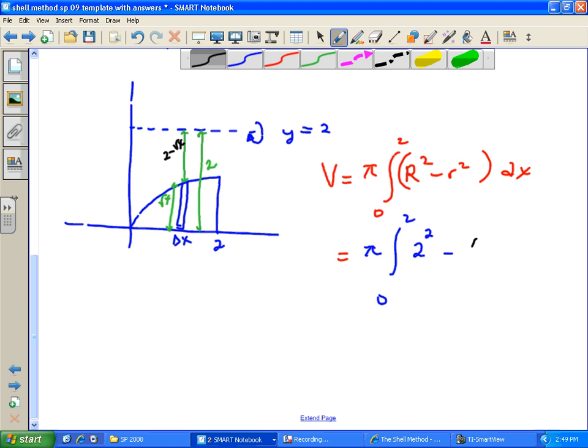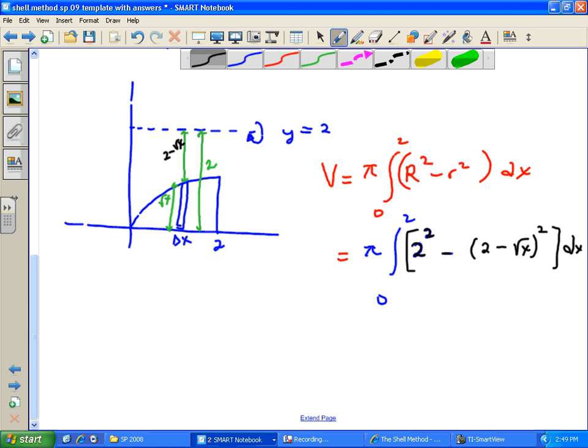So quantity 2 minus square root of x altogether squared. And we are integrating with respect to x. And that's pretty much the setup for this question.